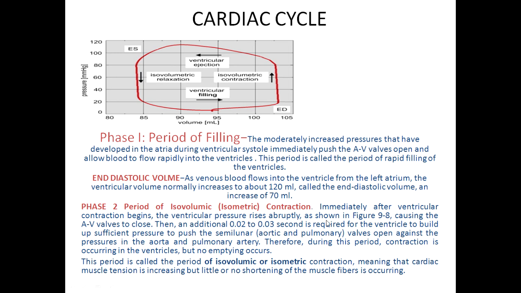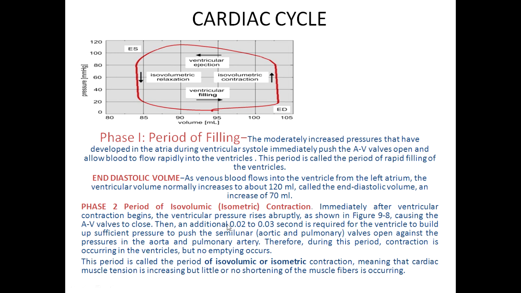First, the pressure built up is sufficient to close off the AV valves, so that the back return of the blood into the atrium from the ventricles will not occur. Then a little more pressure is required, around 0.02 to 0.03 second. Time is required to build some more pressure to push the semilunar aortic or pulmonary valves open against the pressures in the aorta and pulmonary artery.